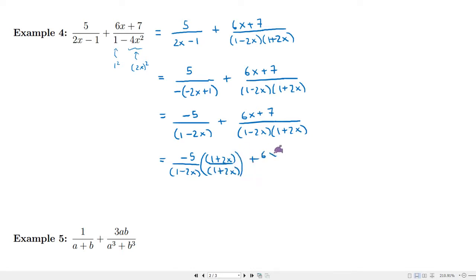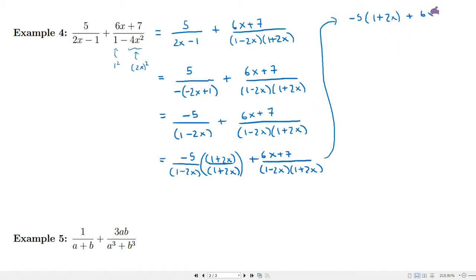And then this one, (6x plus 7) over (1 minus 2x)(1 plus 2x). Simplifying a little bit more, we have negative 5 times (1 plus 2x). And now that these denominators are common, we can just add the numerators, plus 6x plus 7, divided by the common denominator.